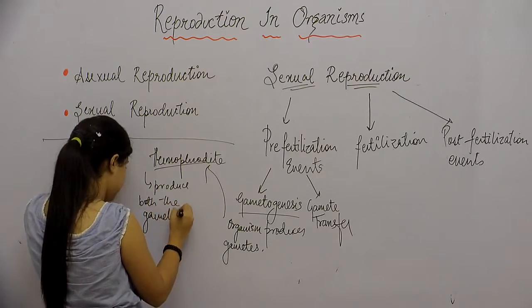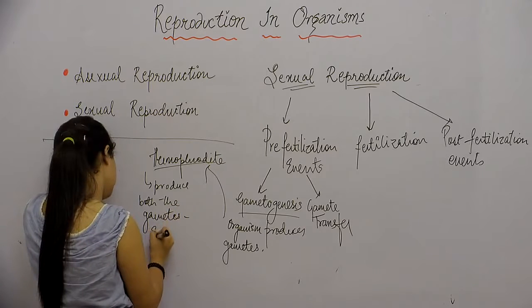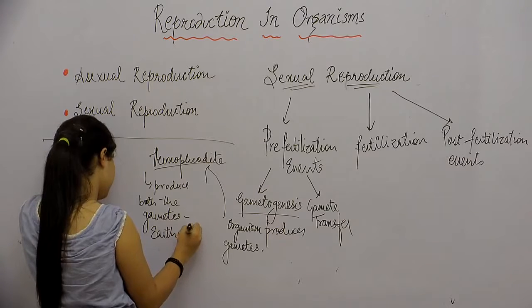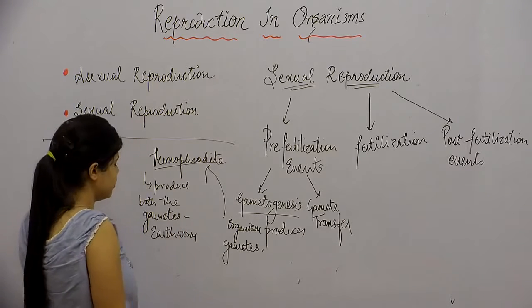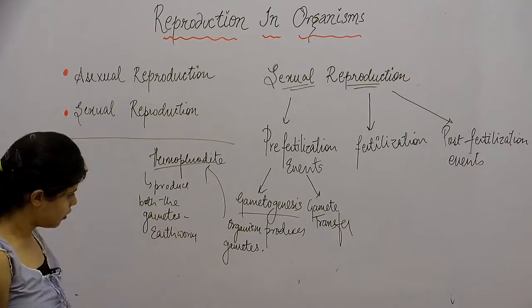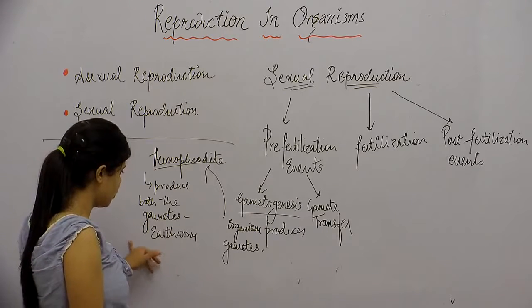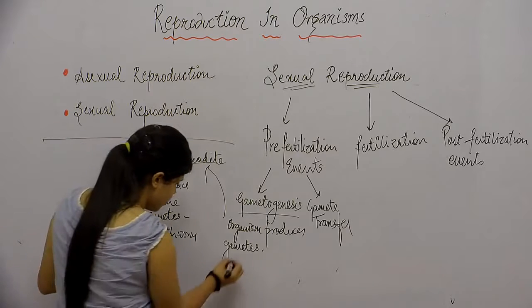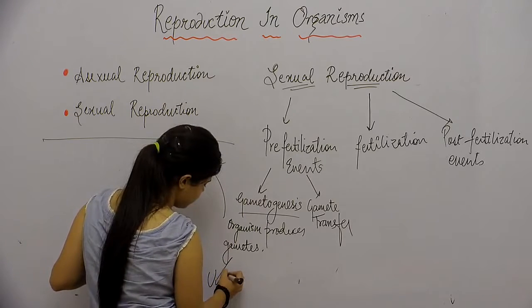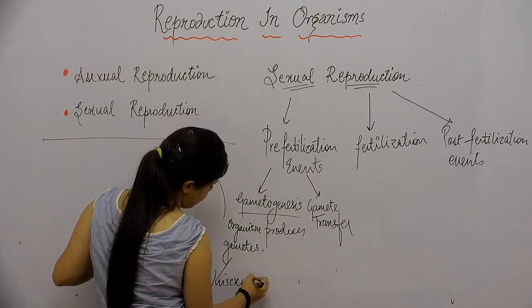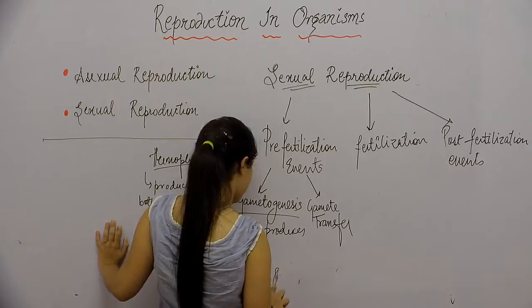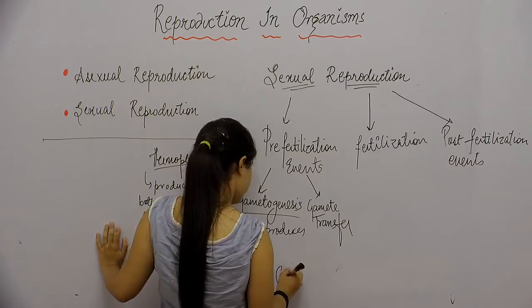For animals, we have the example of the earthworm. Earthworm is hermaphrodite, whereas the organisms which are capable of producing only one type of the gamete are known as unisexual. And for animals we have the example of the cockroach.